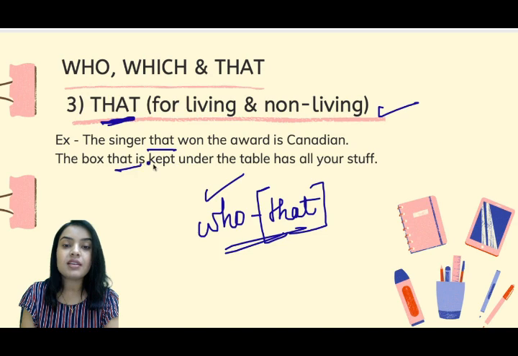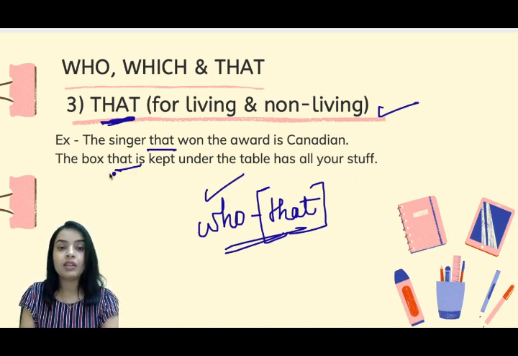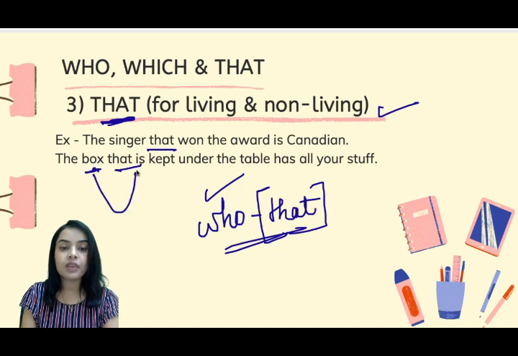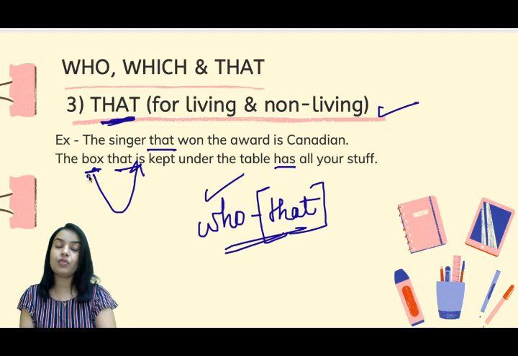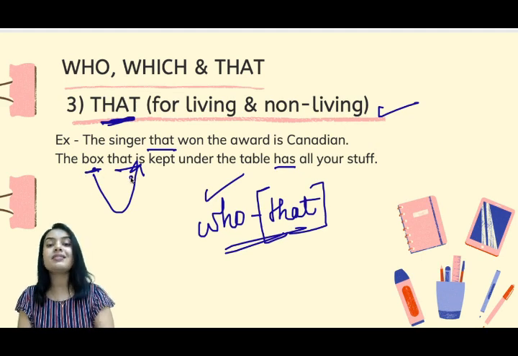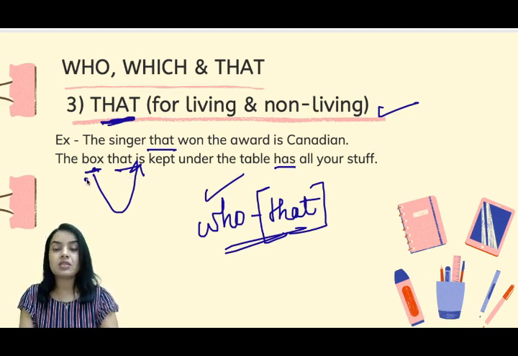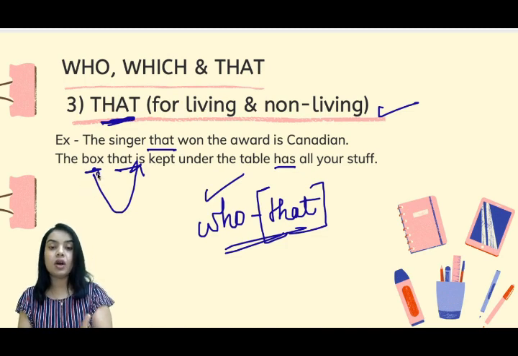The box that is kept under the table has all your stuff. Now this box is there, that is used for this box, and even has is used for this box. There are two things I am saying. Box is non-living, it is an object. The box, the very same box that is kept under the table, has all your stuff.